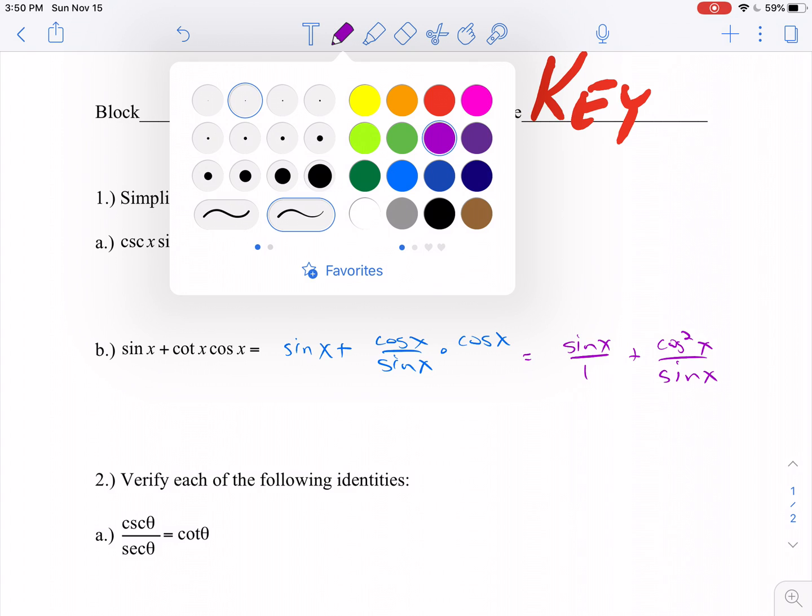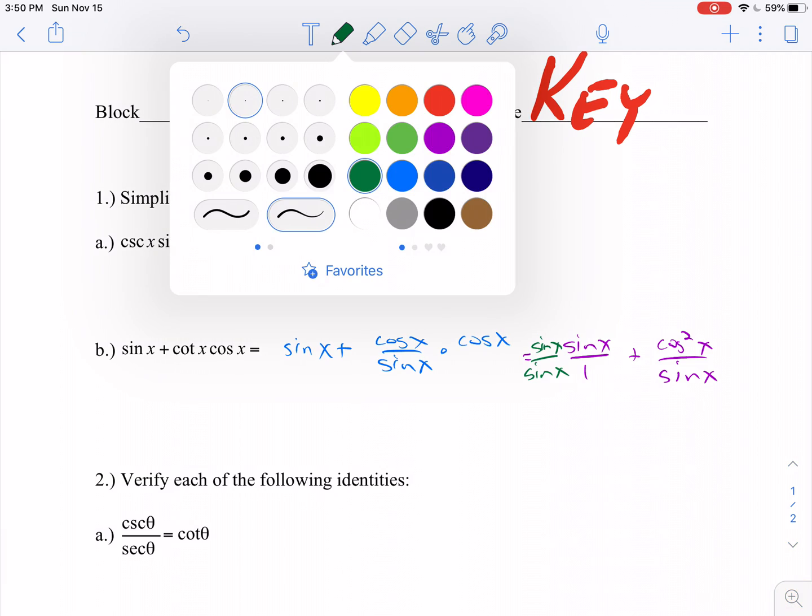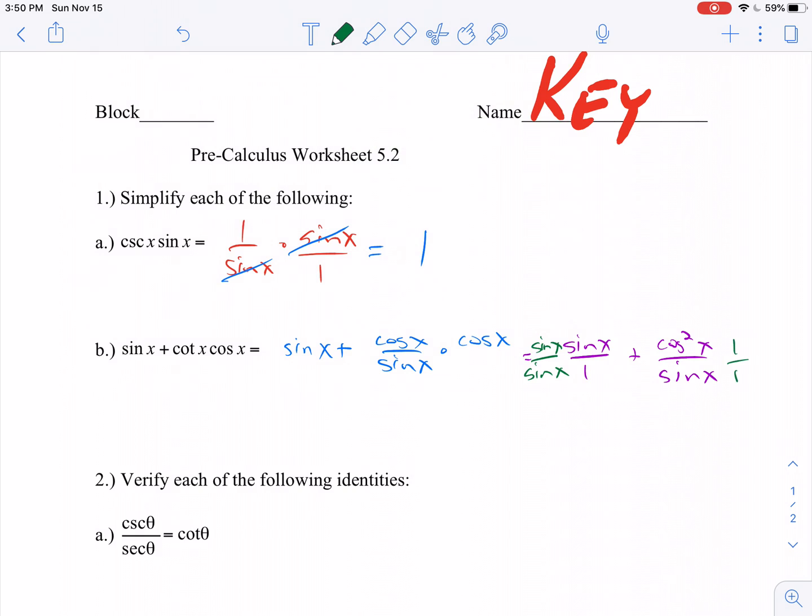And so I would take my denominator, so I'm going to take this sine of x and multiply it by the top and the bottom. So that's multiplying by 1. Sine of x over sine of x is just 1. Now, technically, I should do 1 over 1, but that doesn't do anything.